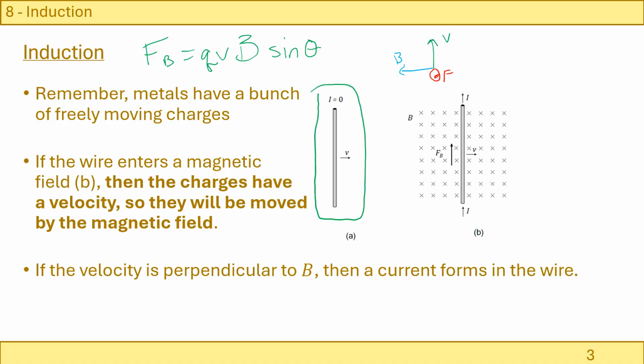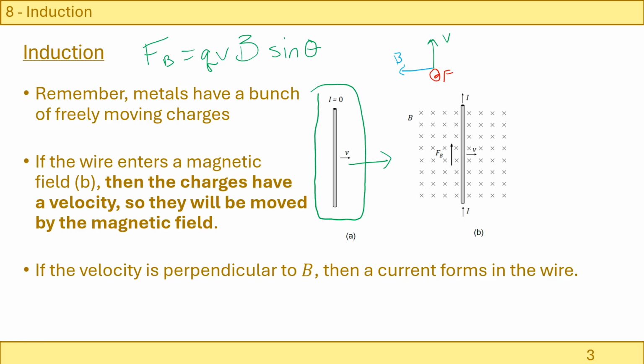So anyways, if we've got this wire of current, it's made up of protons and electrons, and it enters a magnetic field, right? So it's got this velocity going to the right. Something's going to happen, okay? So essentially, even though the wire is neutral, it has the same number of protons as electrons, when it goes through, these charges are going to start to move because they're going to feel a magnetic force.